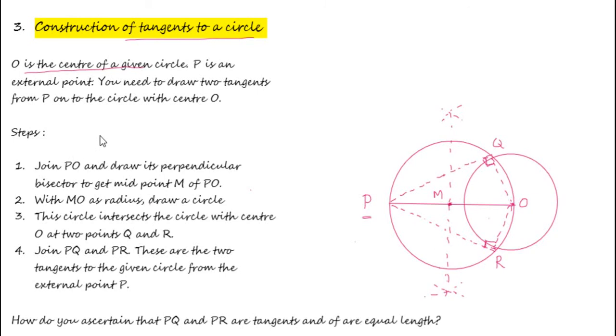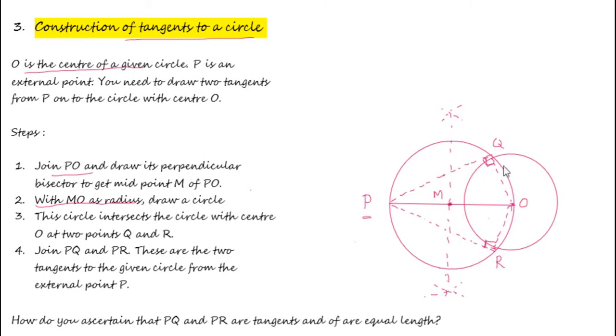The construction steps are: first, join PO and draw the perpendicular bisector. Point P and O, join those 2 points and draw a perpendicular bisector. The perpendicular bisector intersects the line PO at M. Now with MO as radius, and M as the center, draw the circle.